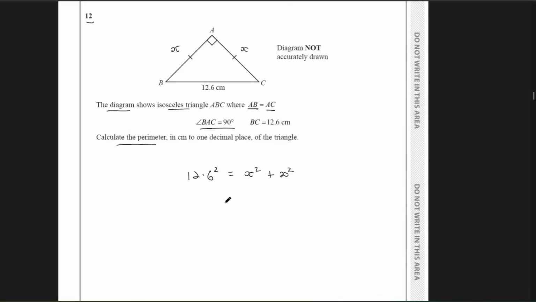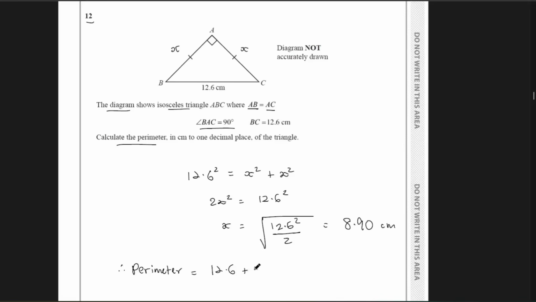That means 2x squared is equal to 12.6 squared. x squared is equal to 12.6 squared divided by 2, and we have to square root all of this. 8.90, that is the value of x. Therefore, the perimeter would be 12.6 plus 8.90 plus 8.90. That gives us 30.4 centimeters.